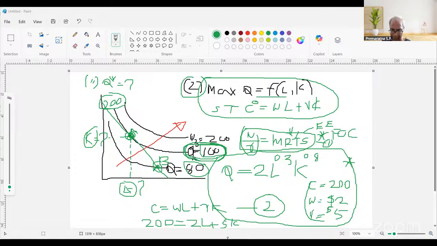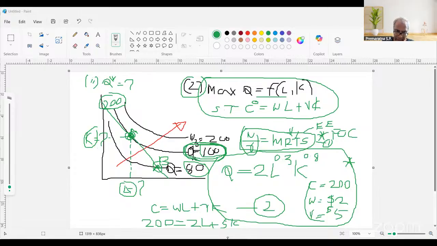Solving this for L and K, which means how many laborers you recruit at the optimal level, how many units of capital you recruit at the optimal level, you get the answer. After that, you find the minimum budget, the size of the cost curve. Because if you find L and K, you can find the cost.